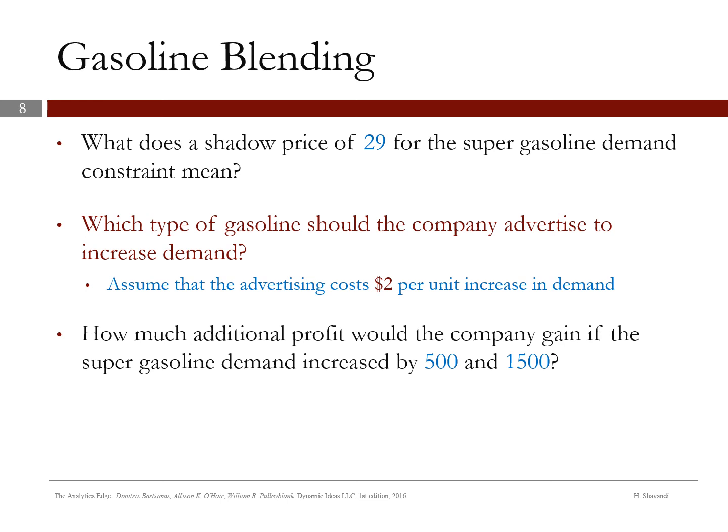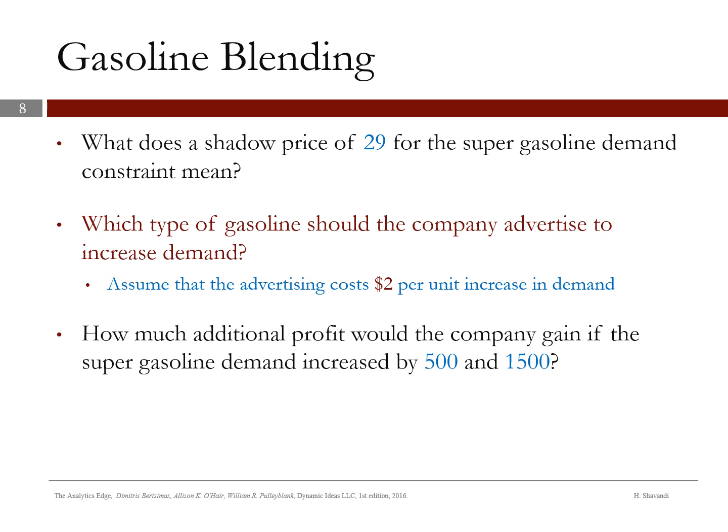So by having the shadow prices, for example, for the super gasoline demand, we do have 29. That means if we can increase demand for super gasoline by 1 unit, that would increase the objective function or total profit by $29. This is the interpretation of the shadow prices.